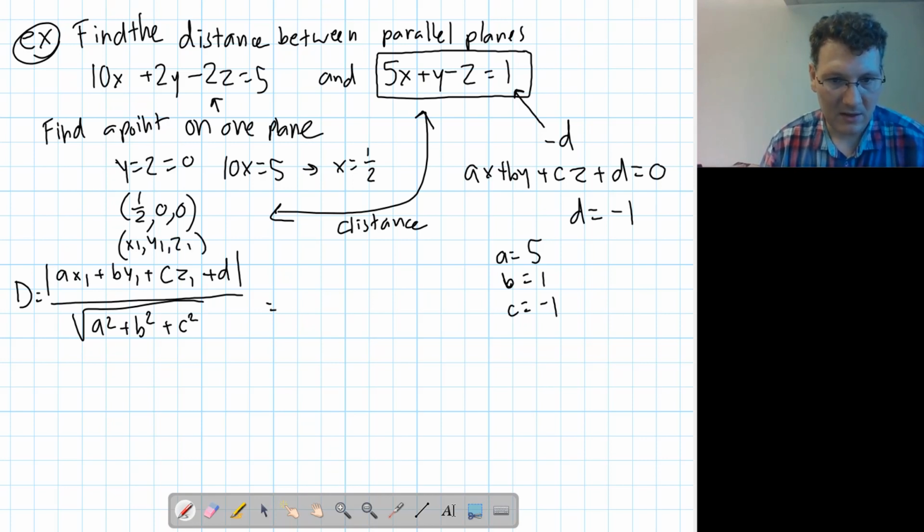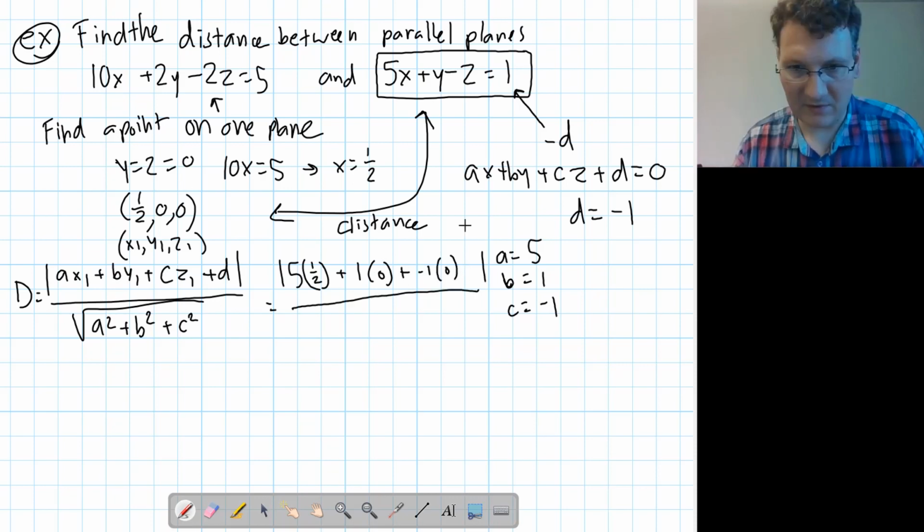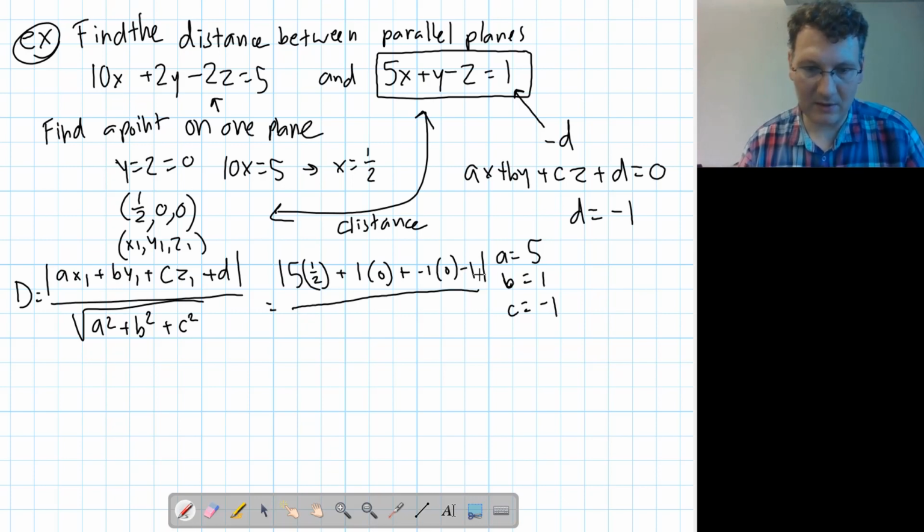So let's plug everything in. We're going to have the absolute value of 5 times a half plus 1 times 0 plus negative 1 times 0, and then plus d, which is minus 1. Down below we have the square root of 5 squared plus 1 squared plus negative 1 squared.